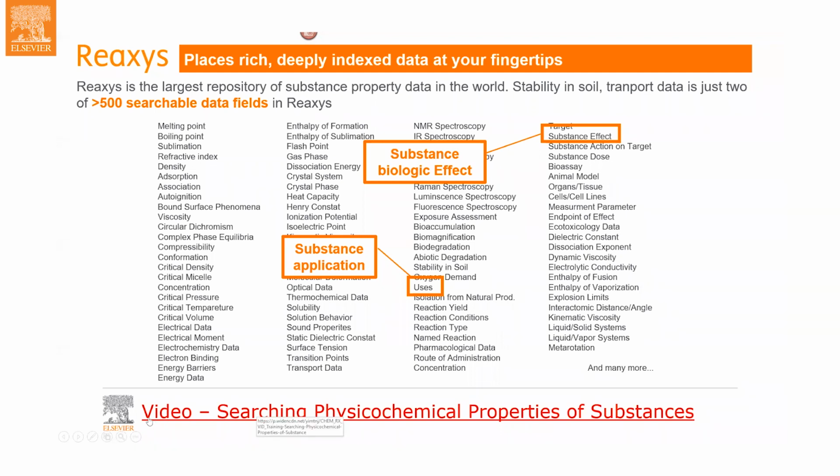In this presentation, at the bottom, you can often see these red words, and these are links for some useful materials. So, for example, this link will explain to you how to search physicochemical properties of substances using Reaxys. I encourage you to watch this video to know how to use Reaxys and to leverage the value of the available data.